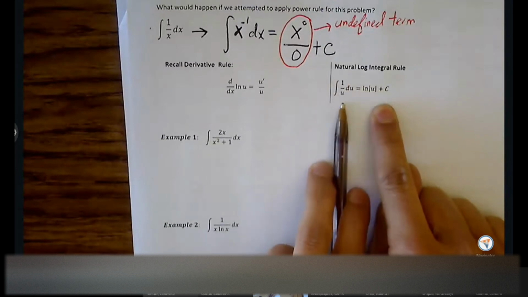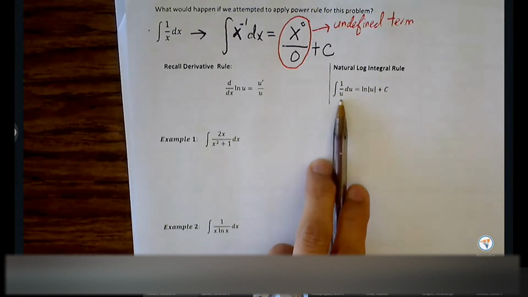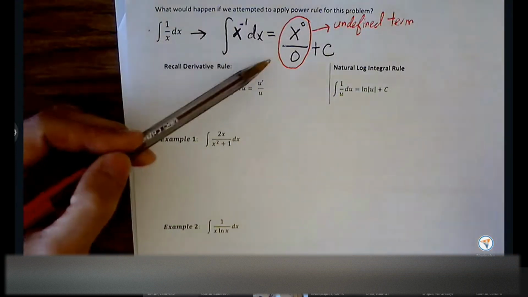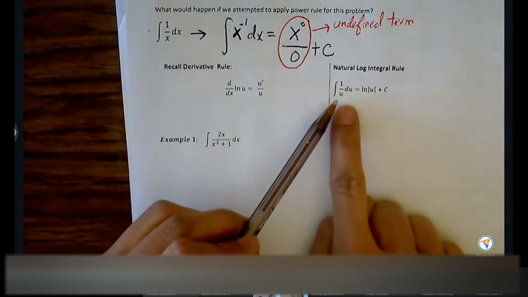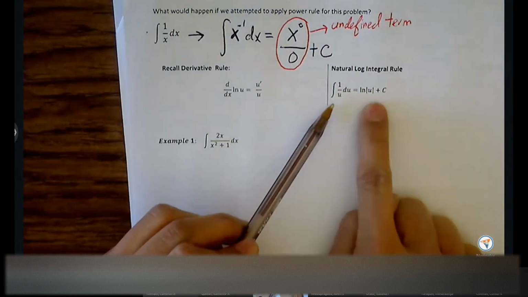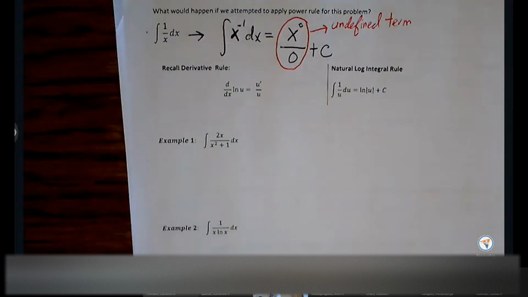If I have 1 over x or 1 over u, you can always go through power rule first and realize that you're going to run into an issue, and then you know this is the one case that can handle our power rule exception.